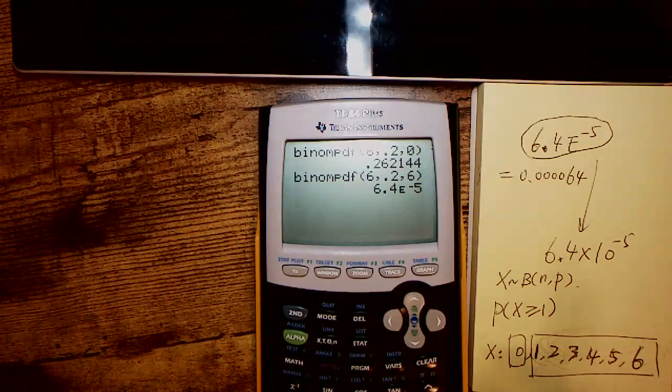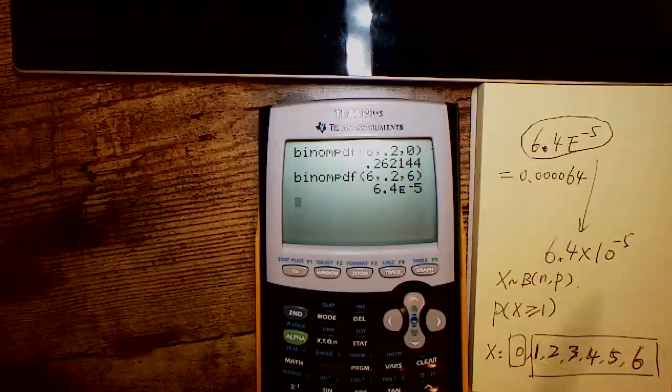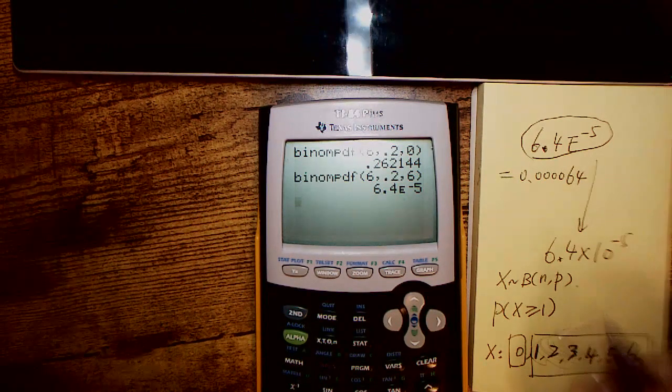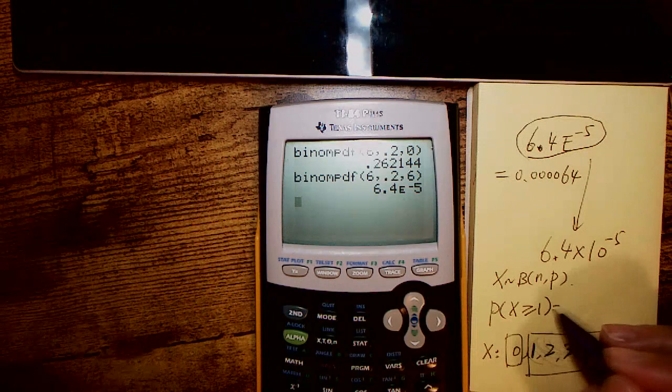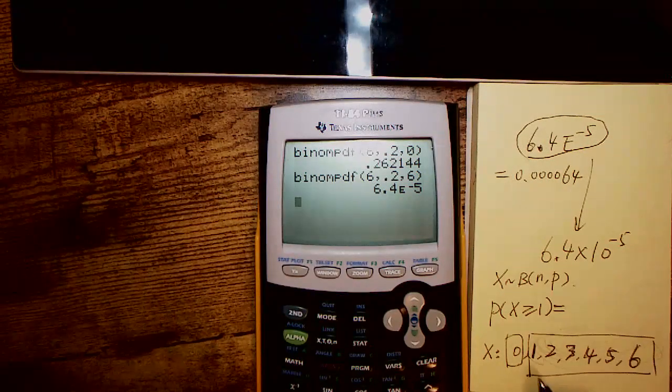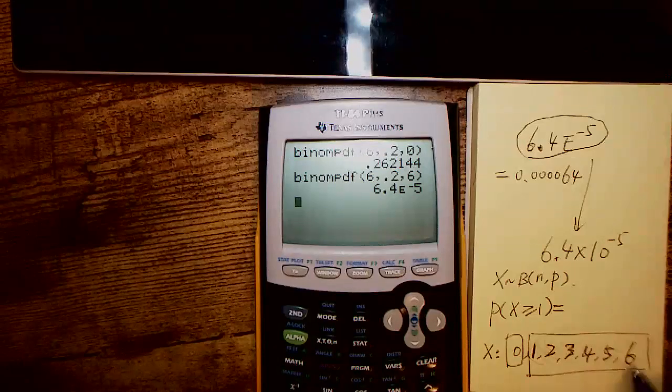So can you help me to figure out: we have 6 multiple choice questions. The probability of guessing each question right is 0.2. What's the probability of getting at least one question correct? How do we do that? Do not find the probability of 1 and the probability of 2, 3, 4, 5, 6 and add them up.